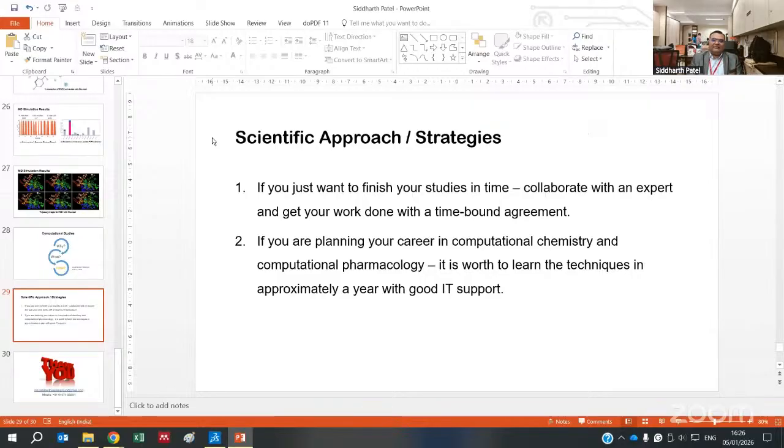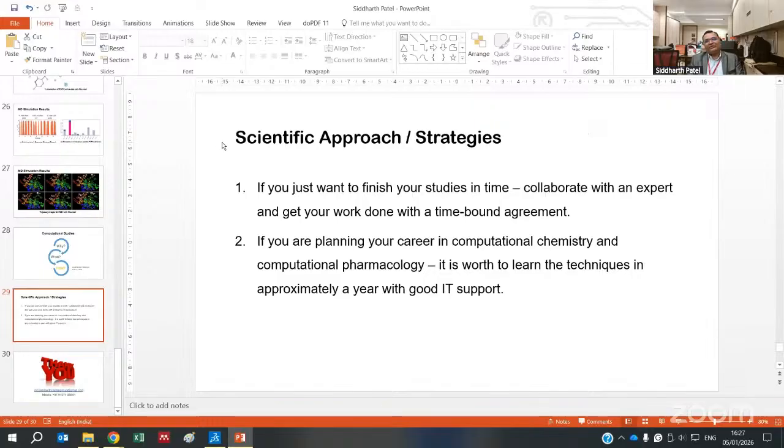The second one is if you're planning to make a career in computational chemistry, computational pharmacology, network pharmacology, and so on, then yes, it is worth learning these techniques, but it will take a long time with good IT skills, right? Many times when I was learning these techniques, either the internet was not on, or the server was down, or the LAN connection had some issues, or there were any number of technical glitches.